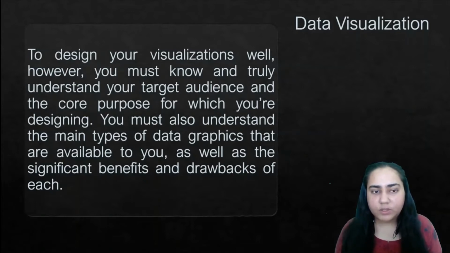And you need to also understand the main types of data graphics that are available to you, because nowadays there are more graphs available to you. Earlier, people used to just create a simple pie chart or a bar chart, but now there are so many other types of graphics available to you that could make your data visualization really stand out. That's one of the things that we are going to see here in these couple of videos.